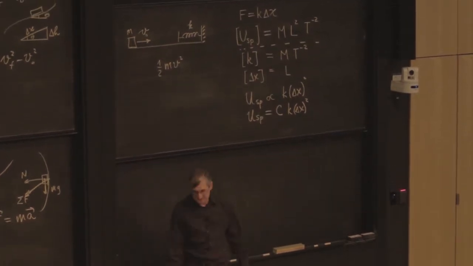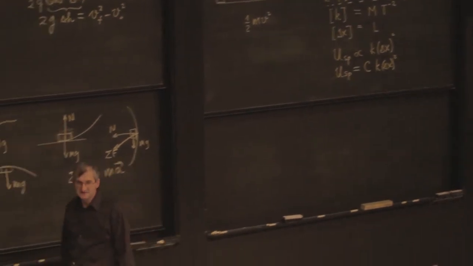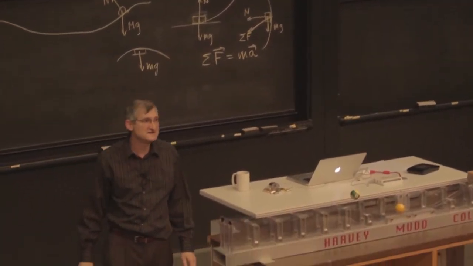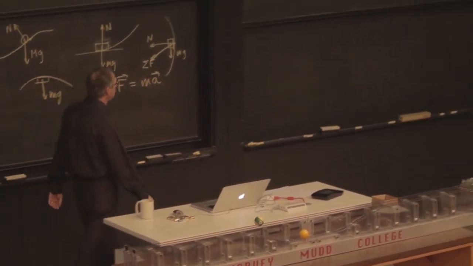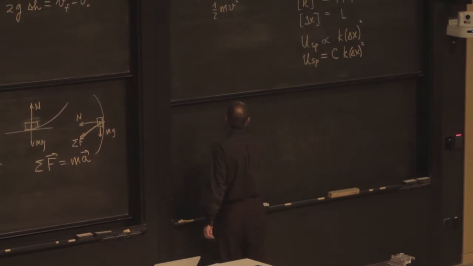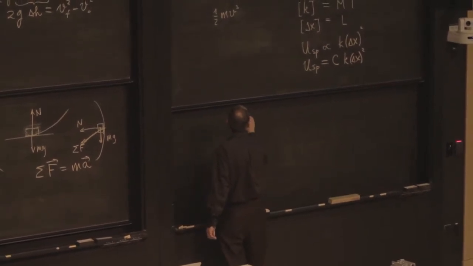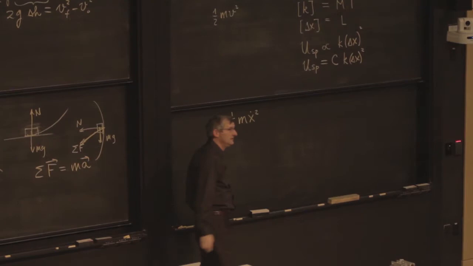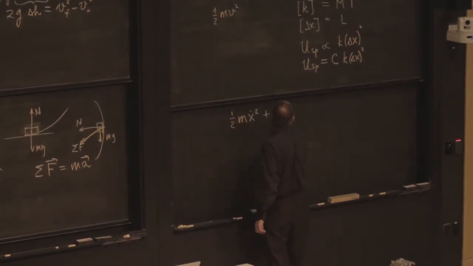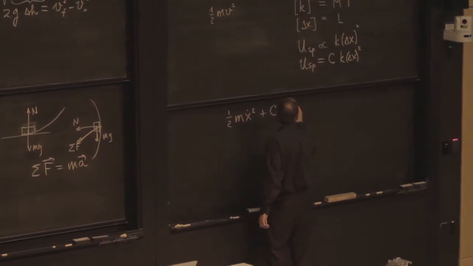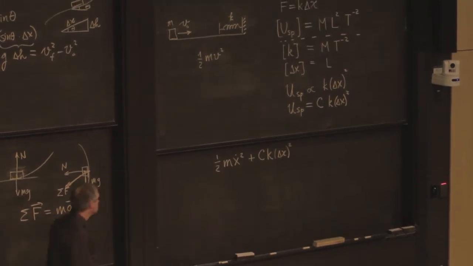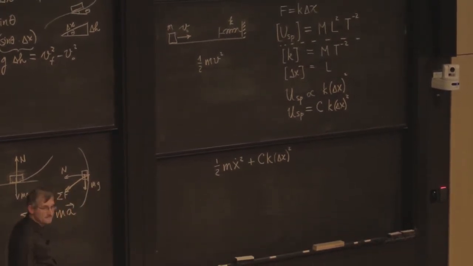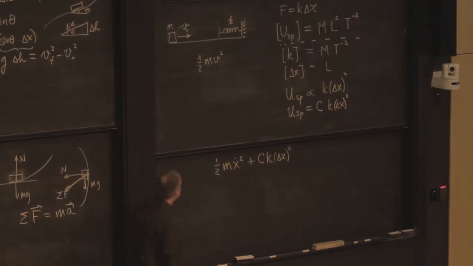Now, how can I use energy conservation to figure out what c should be? So if I add together 1/2 mv squared plus c k delta x squared, right? x dot would be the kinetic energy.